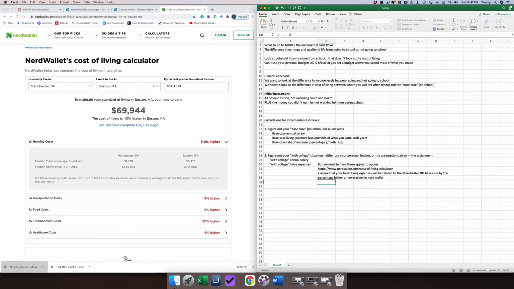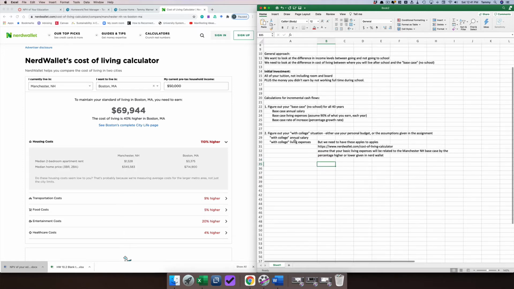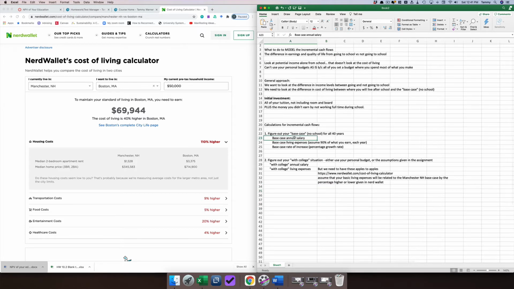Okay, and so now, right, now that you have a base case annual salary, base case living expenses, and your with college rate of increase, now you can go ahead and model your cash flows.